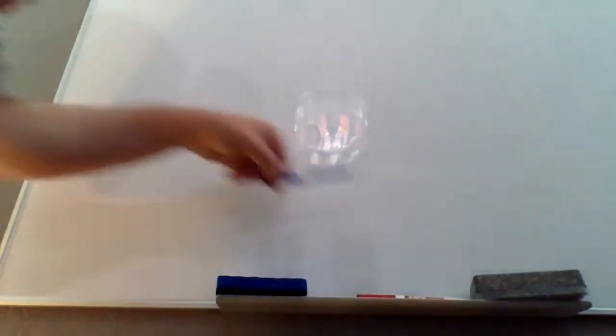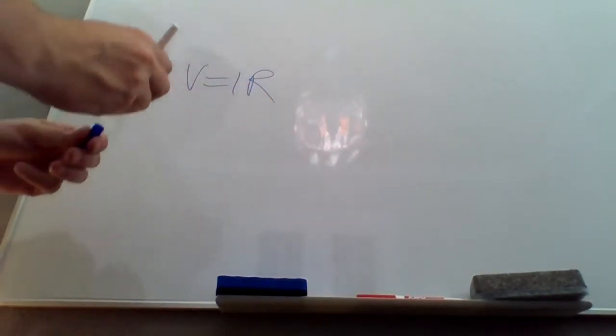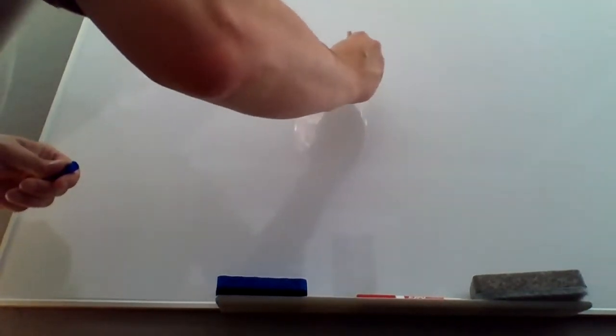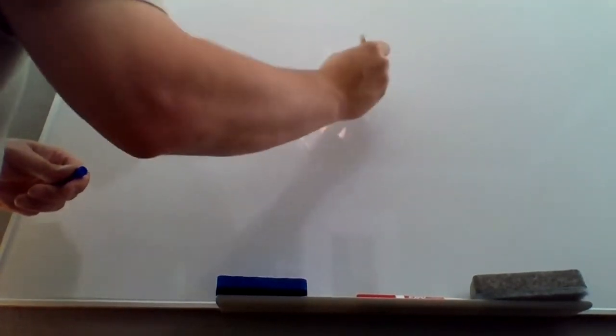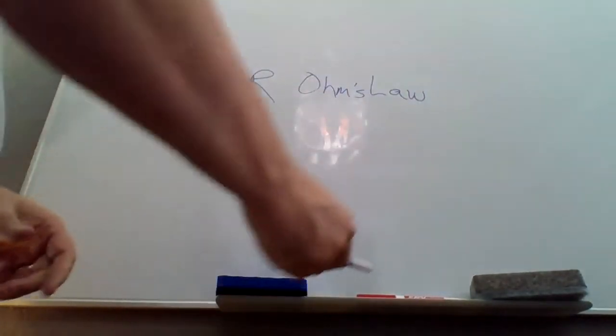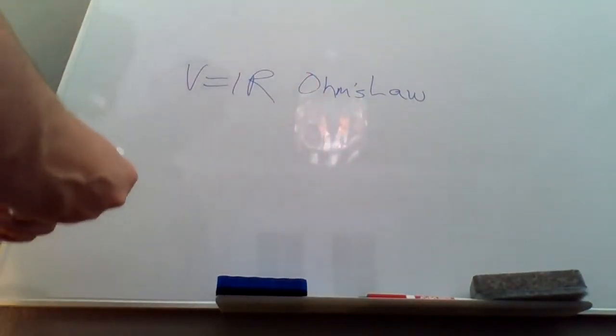So the way you look at this is V equals IR. That's really the most important thing, and this is Ohm's law. I always write that down first before I write anything else down.